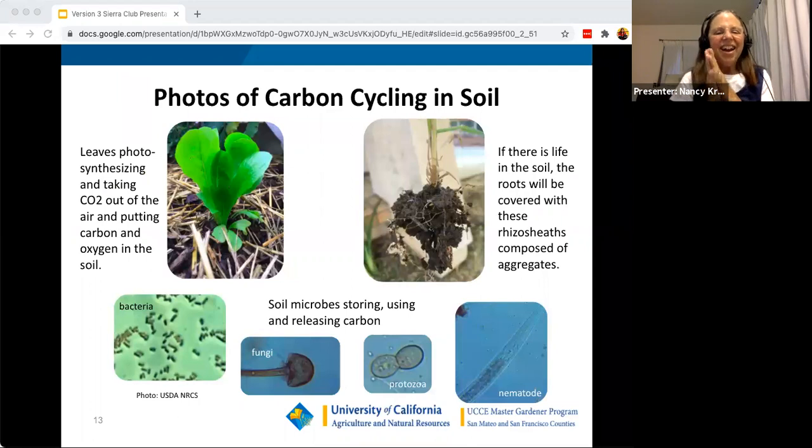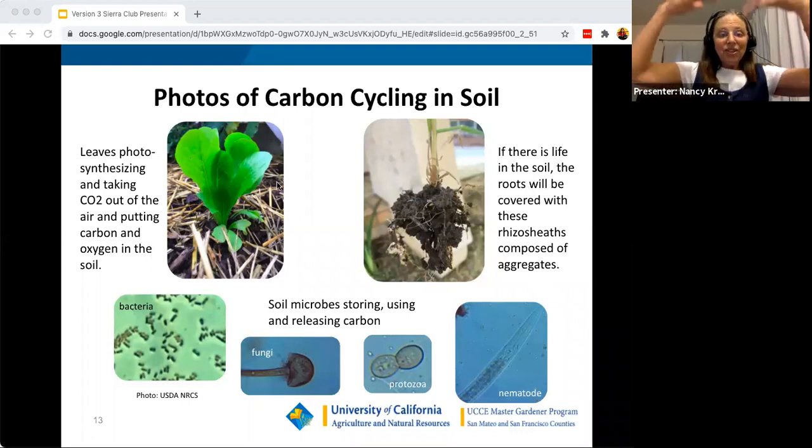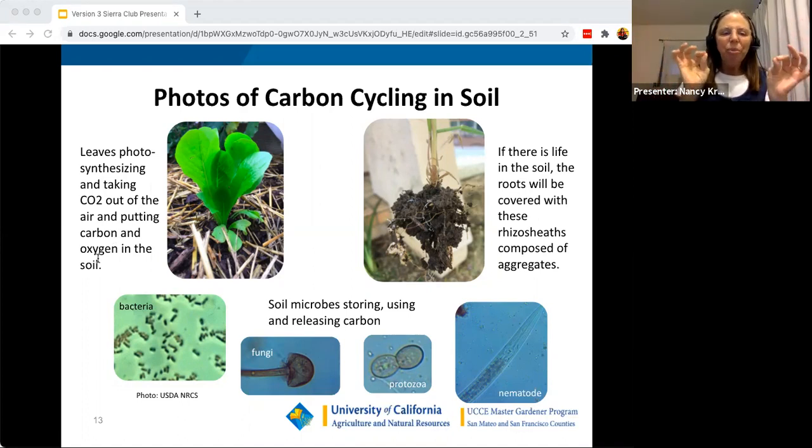All right, now let's talk a bit about how carbon cycles in your own garden. I find it helpful to see real photographs and imagine what these processes look like in my own garden. So here on the top left, you see this little lettuce plant. With the sun shining down from above and water taken up from the soil, this little plant is taking carbon dioxide out of the air and releases carbon in the form of carbohydrates as well as oxygen into the soil.